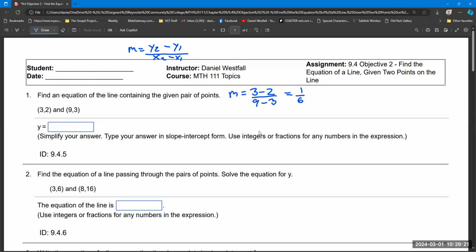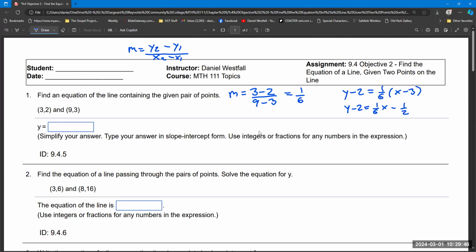Pick either point. I'll pick the first point. Y minus 2 equals 1/6 times x minus 3. You've got to use x and y from the same point, and you've got to make sure that you put them in the correct places here. Y minus 2 equals 1/6 x minus 1/2.